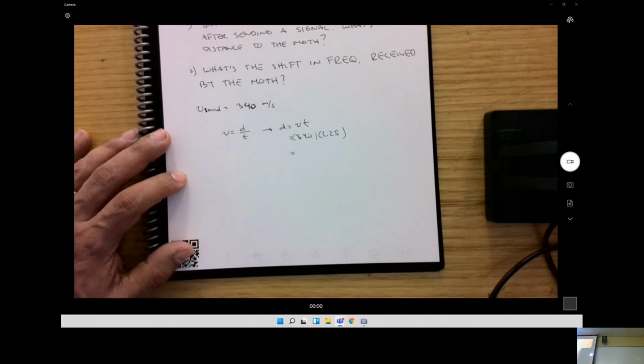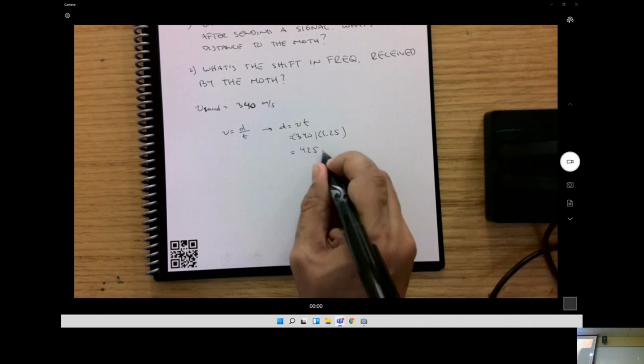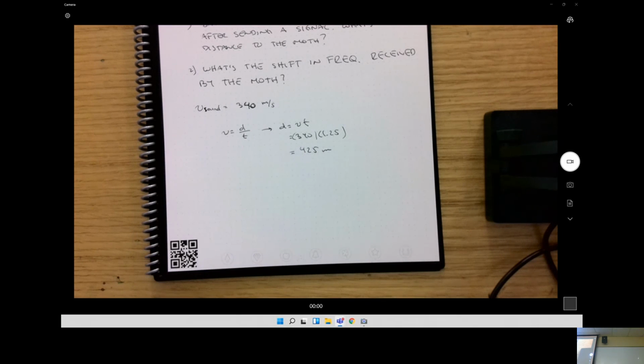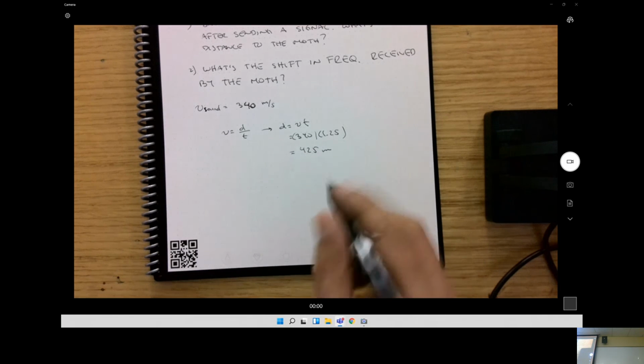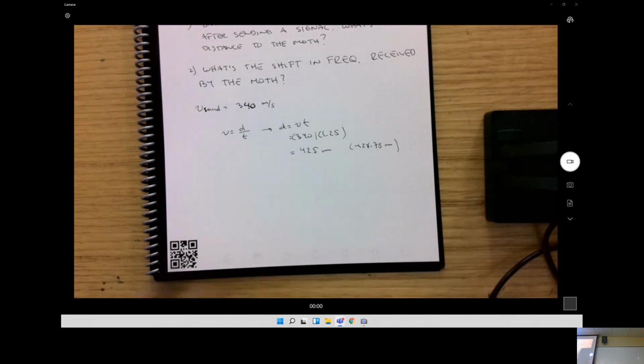So this will give you 425 meters. If you use 343, it is 428.75 meters.